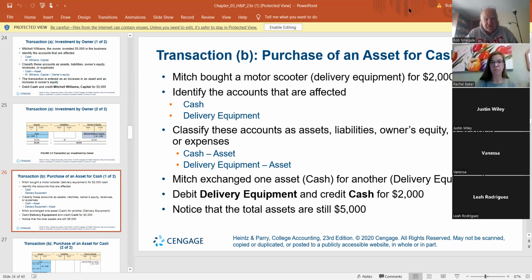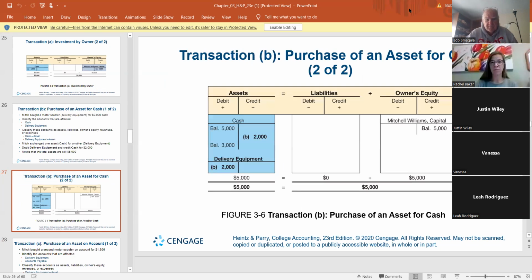So Mitchell exchanged one asset for another. He gave up $2,000 in cash for a $2,000 piece of equipment. And there you go. Notice you have a separate T account for every item in your chart of accounts. Your chart of accounts means the list of the items that you choose to put into a folder, like a T account.